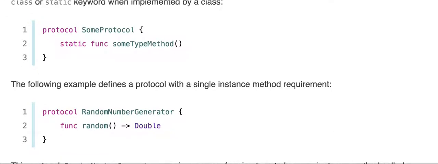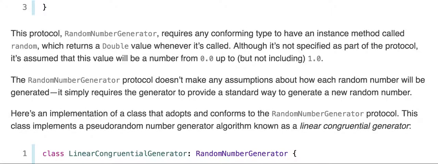The following example defines a protocol with a single instance method requirement. So we have a protocol RandomNumberGenerator. It must have a func random which returns a Double. So this protocol requires any conforming type to have an instance method called random, which returns a Double.